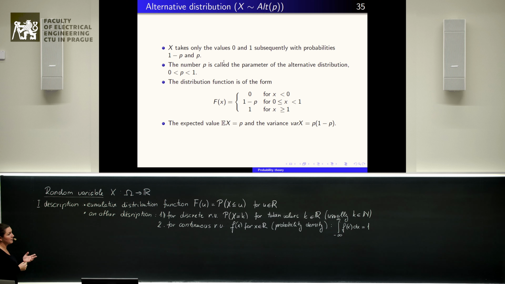As I said, there can be also their combination, but we won't care in this course of these combinations. We will work only with either discrete or continuous random variables. So today I will show you some examples.